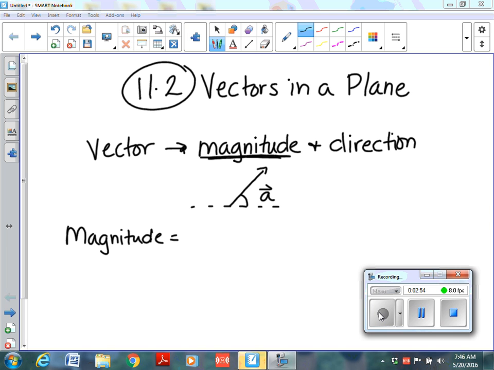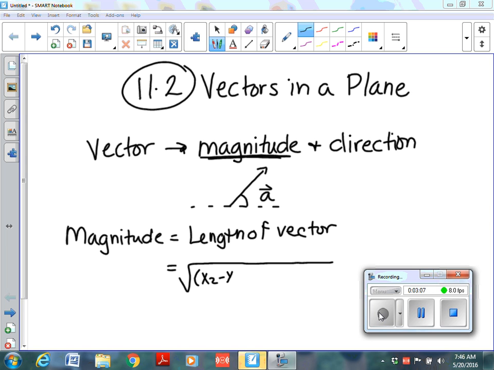The magnitude is the length of the vector. This is a really important formula: the square root of (x2 minus x1) squared plus (y2 minus y1) squared. If you remember, this is the distance formula that you would have learned in geometry.